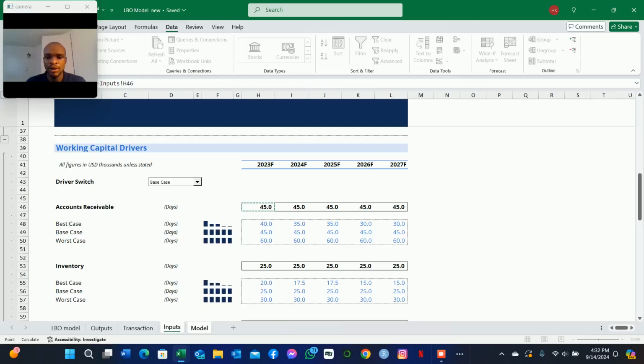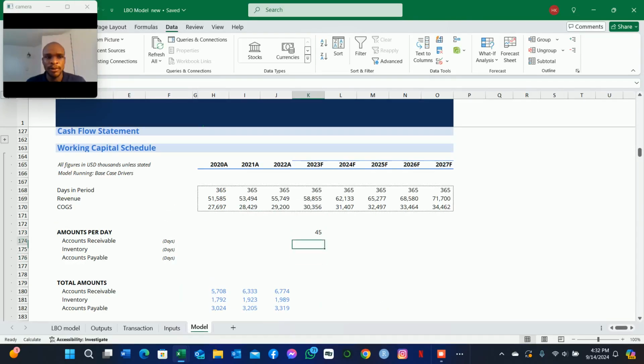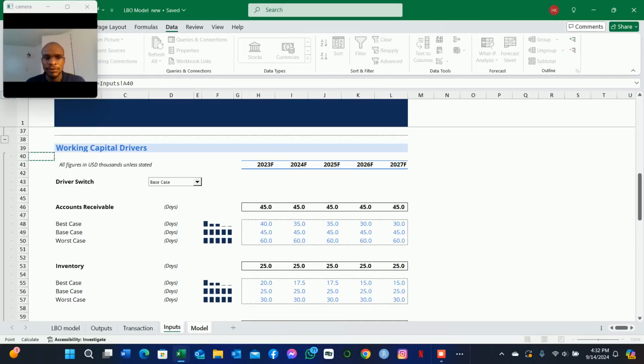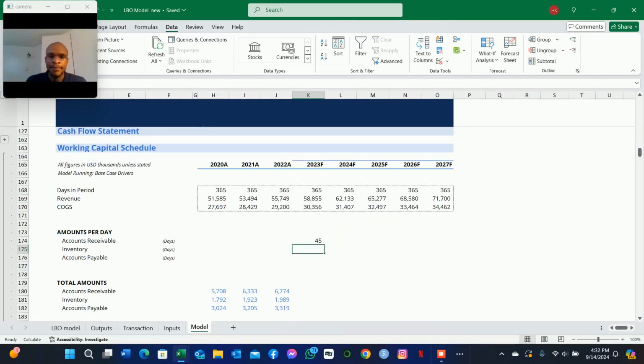We have the accounts receivable set up for us there. In this case, we'll reference the base case there. We just make sure we're referencing the right cell.